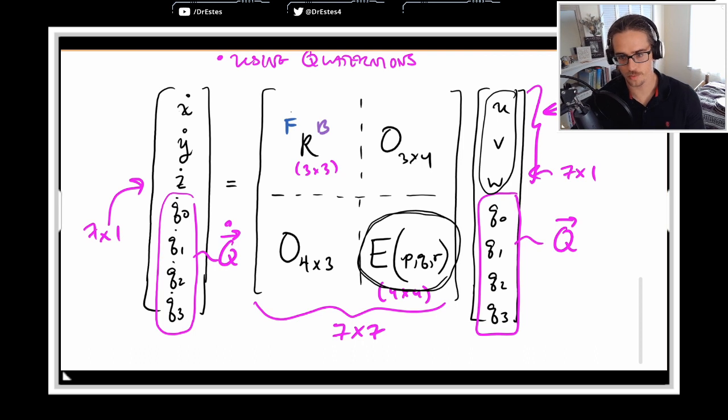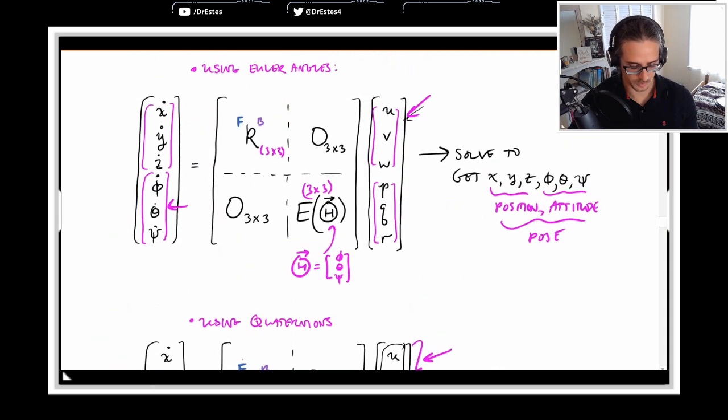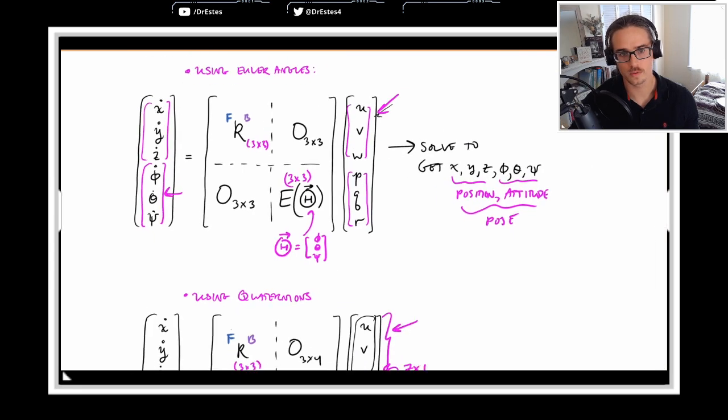Did it work for you when you were doing Euler angles? The combined dynamics? Because you got to do this one too, right? Did that one work for you?